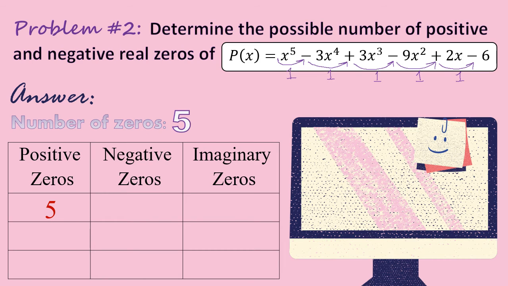So we can say that the maximum number of positive zeros that we may have is 5. But as stated in our Descartes rule of signs, it may be equal to the number of variations or less than by an even integer, or just simply deduct by 2. So 5 minus 2, it's 3.